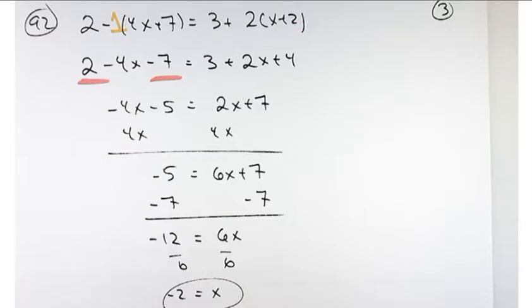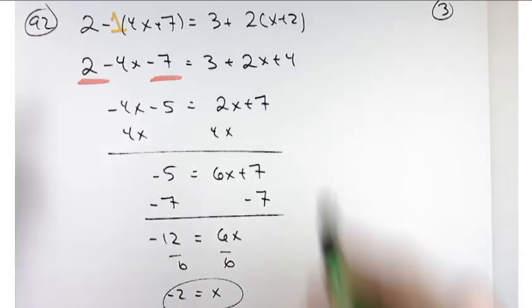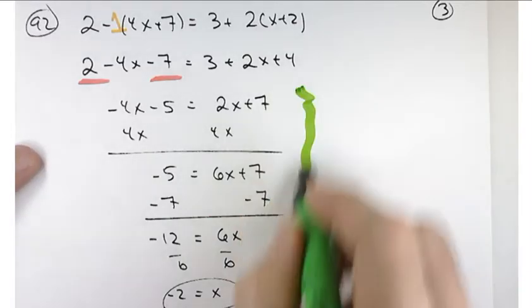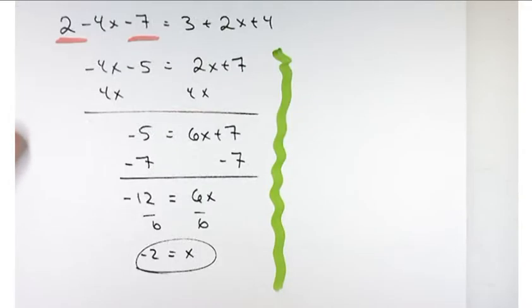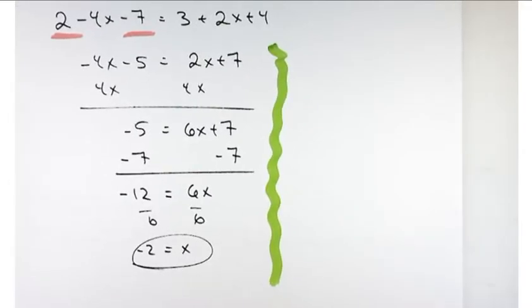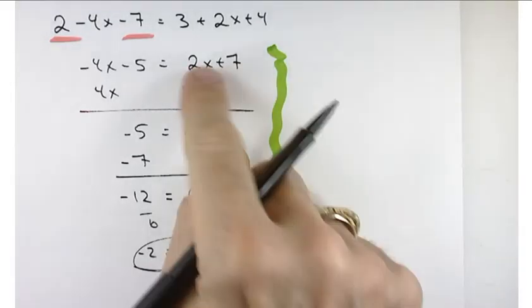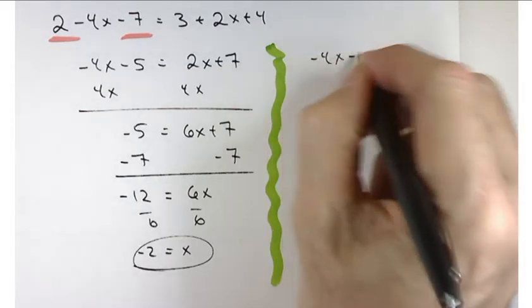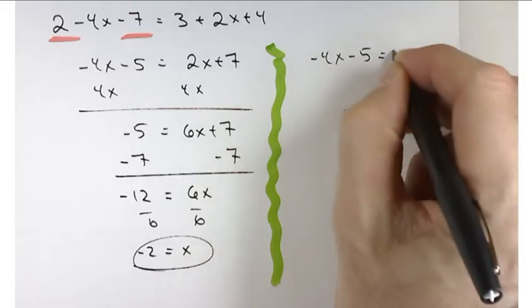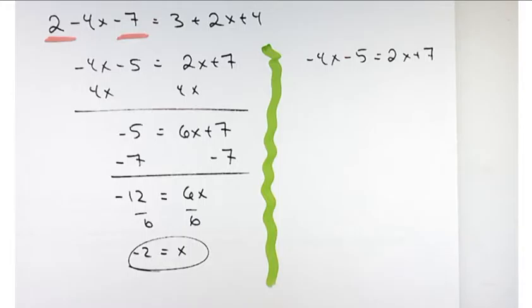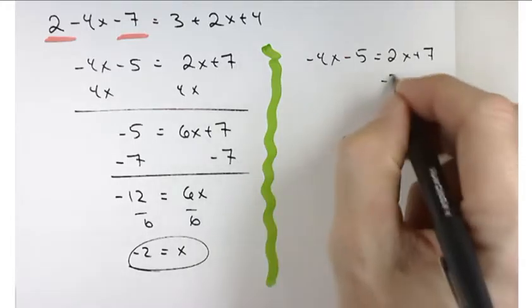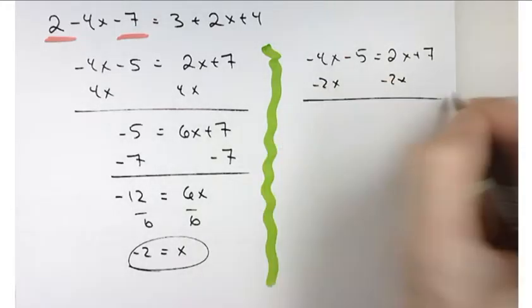Let me go back and look at things from right here, and give you a little heads up as to why I suggest, and it's only a suggestion, that you move things to the right-hand side. Negative 4x minus 5 equals 2x plus 7. There's nothing mathematically wrong with moving things to the left-hand side.